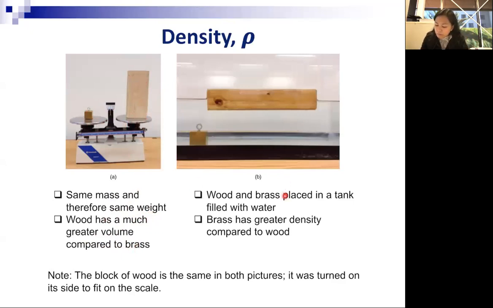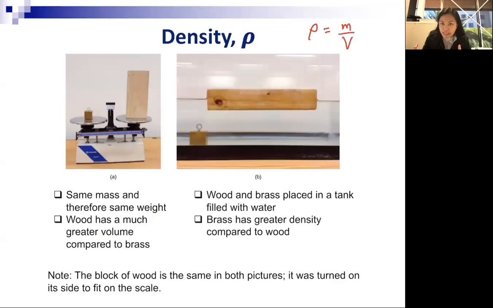If you place the brass and the wood in a tank filled with water, you can observe different things happening between them. So density is equal to mass divided by volume. That means that density is proportional to mass and inversely proportional to the volume.